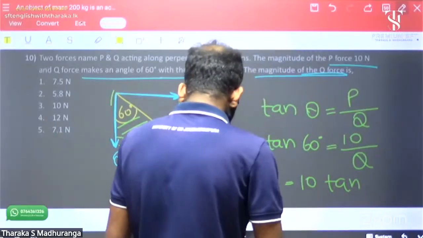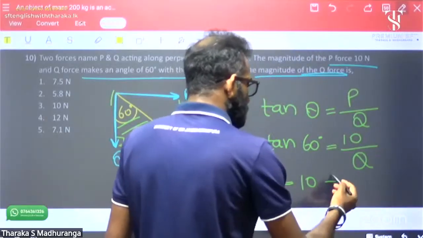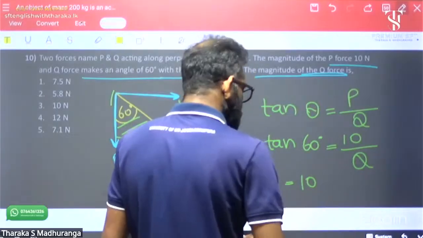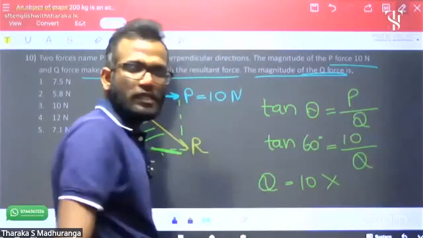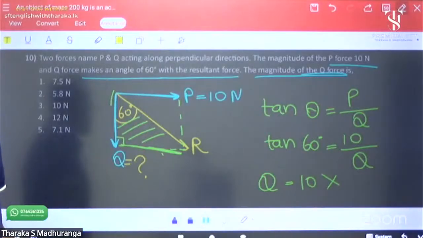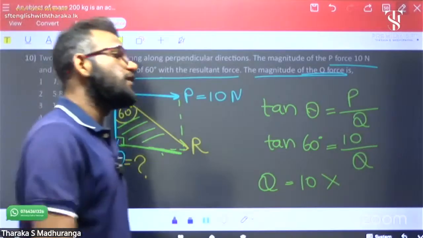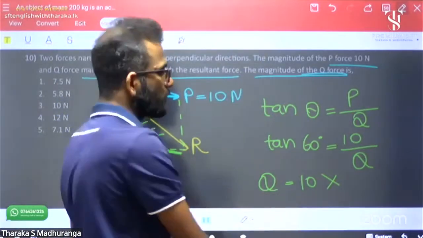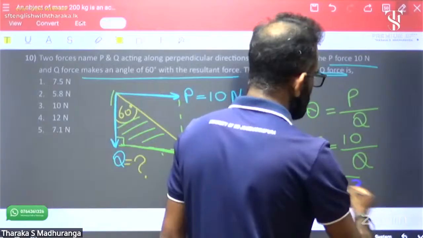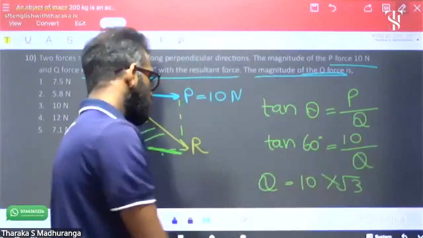What's the tan 60 value? Yes, tan 30 equals 1 over root 3, tan 60 is root 3. Then it is 10 root 3 is the value.